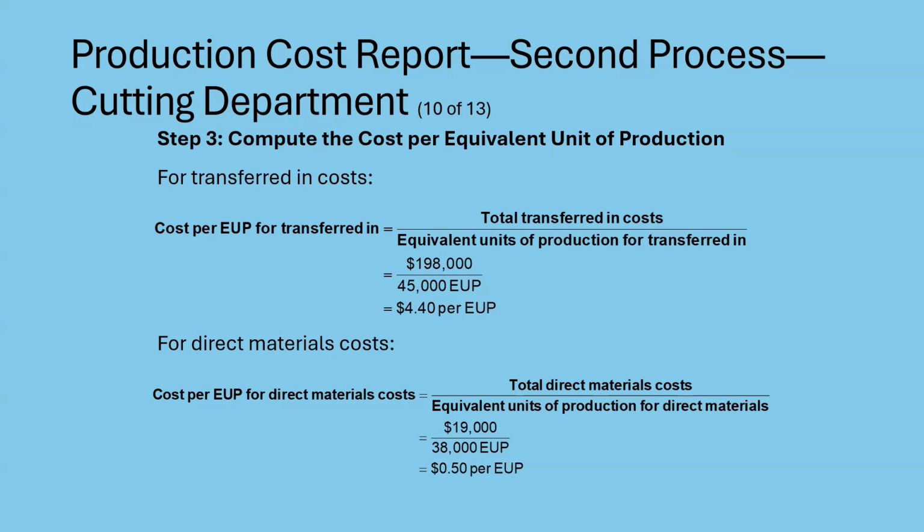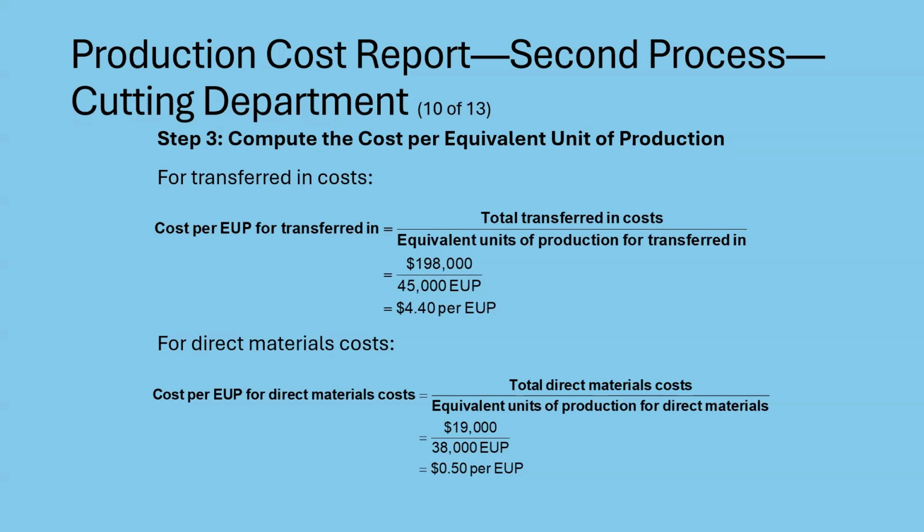For transferred in costs, the cost per EUP for transferred in is equal to total transferred in cost divided by equivalent units of production for transferred in. You have the $198,000 divided by 45,000 EUP, which is equivalent to $4.40 per EUP.